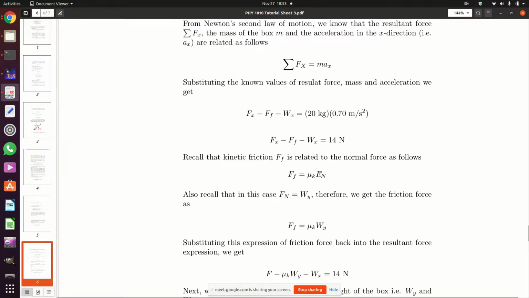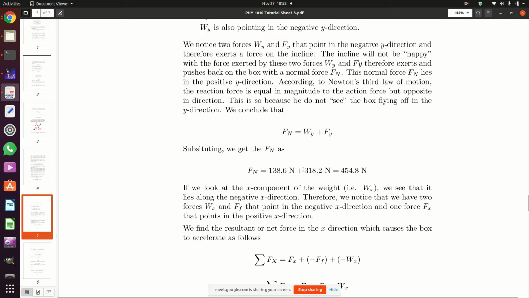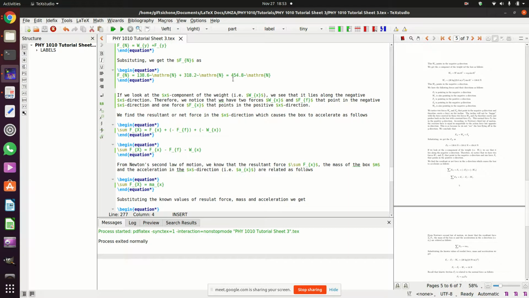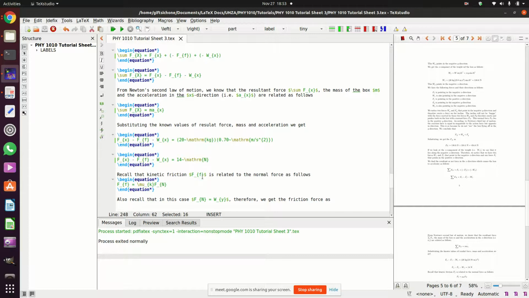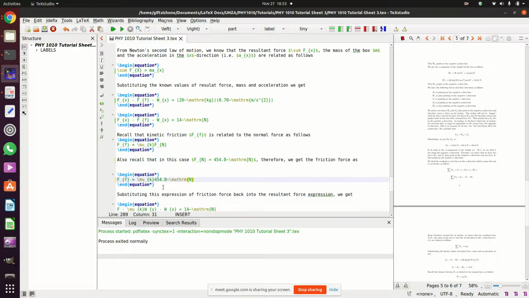So in our case, recall that the normal force is equal to this. This is the normal force. So we recall that the normal force is equal to that, which is equal to this.